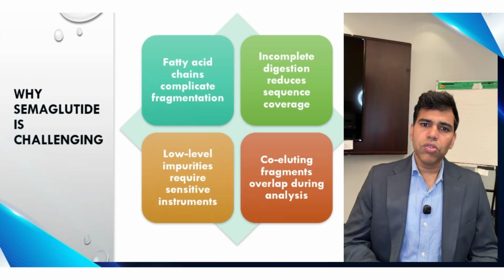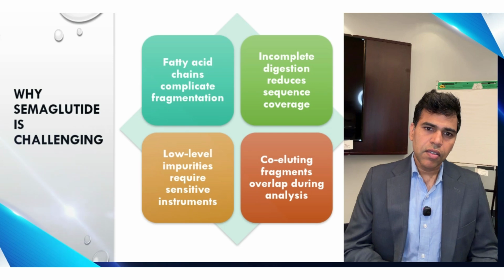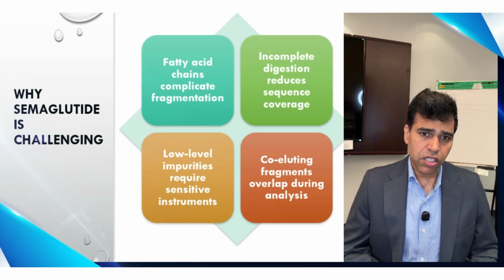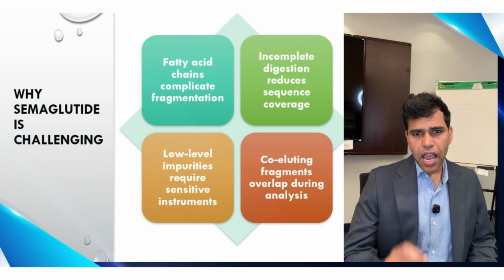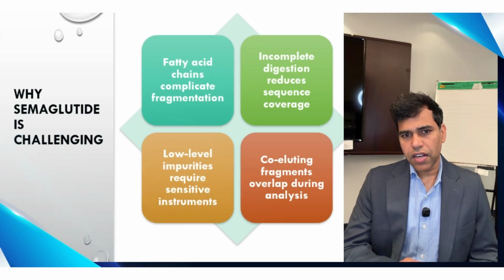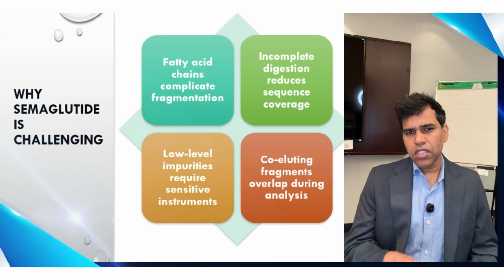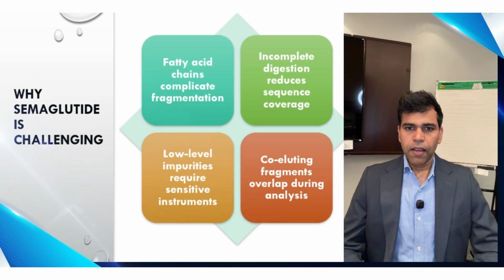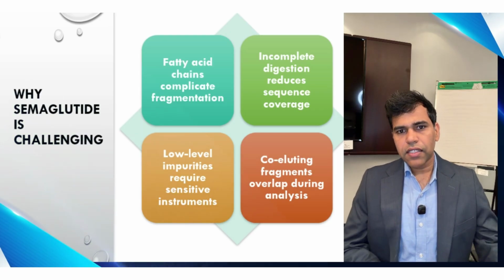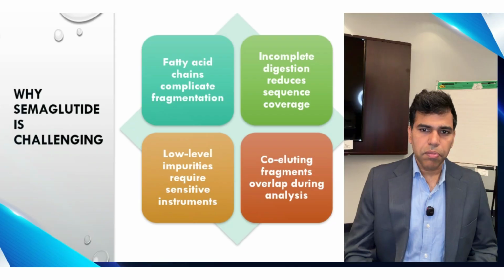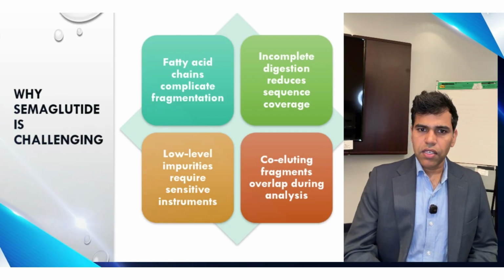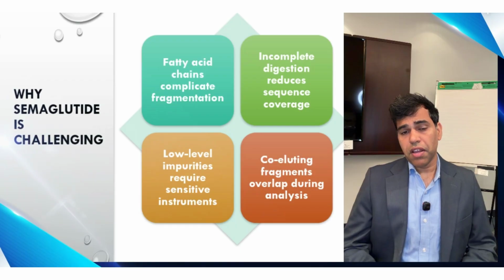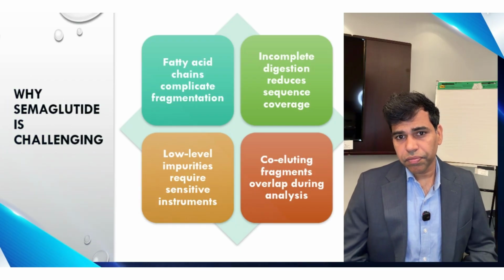Third, the molecule's overall complexity means that achieving defensible sequence coverage requires careful engineering of the entire workflow, not just tuning instrument parameters. None of these challenges is insurmountable, but each requires deliberate design and not default settings.